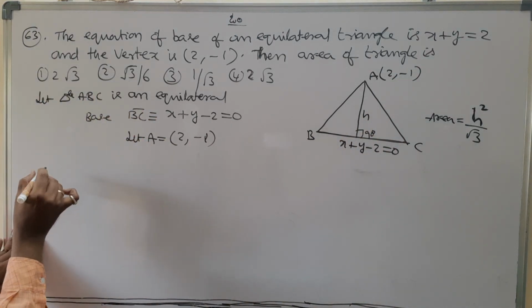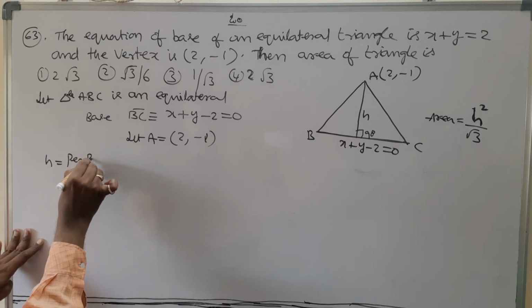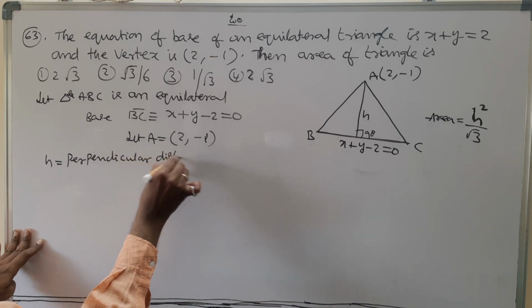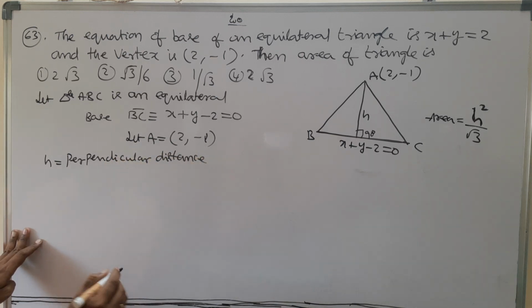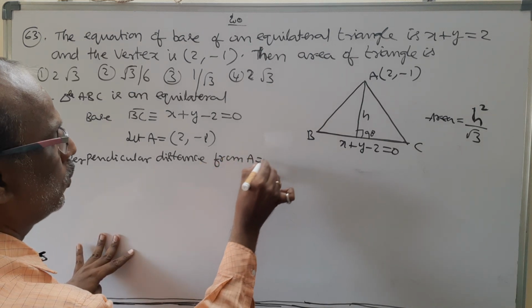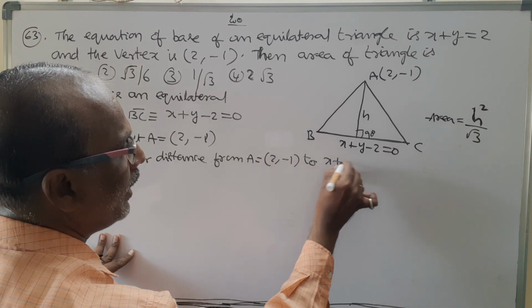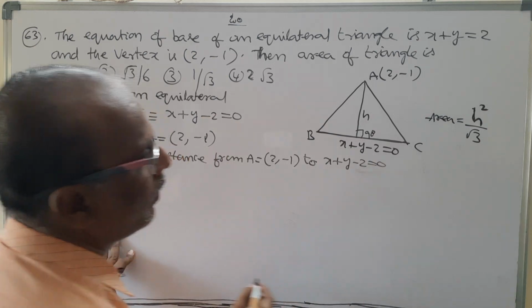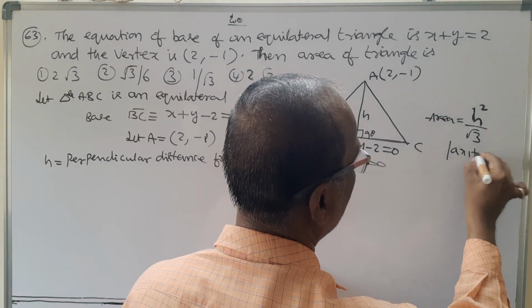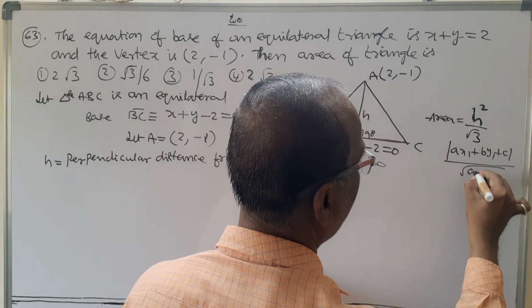H equals the perpendicular distance from A (2, -1) to x plus y minus 2 equal to 0. The perpendicular distance formula, you know, is mod of ax1 plus by1 plus c by root of a square plus b square.